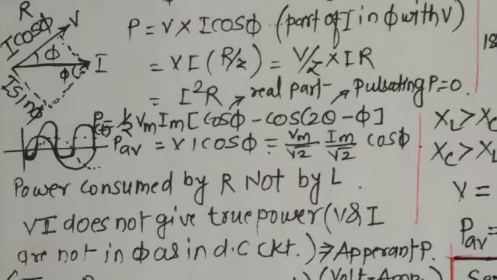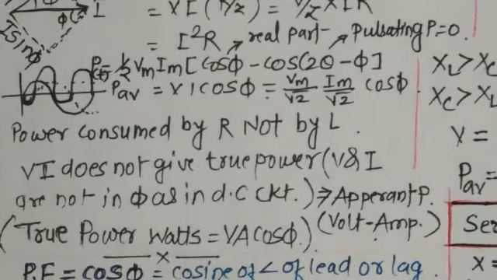And from this waveform you can see the instantaneous value of power. From the voltage and current waveform we get the power waveform. So half Vm Im, that is maximum voltage and maximum current. So the instantaneous value of power is calculated by this formula: half Vm Im cos phi minus cos (2 theta minus phi).